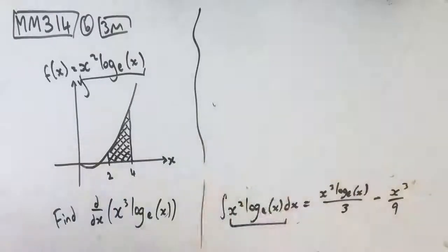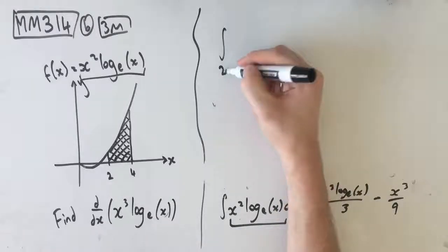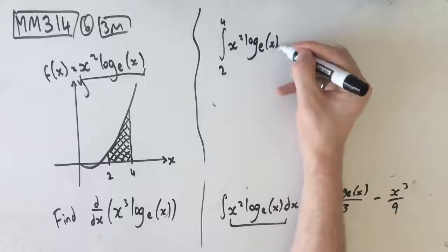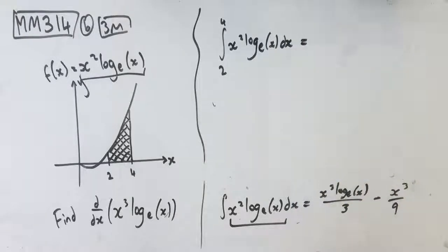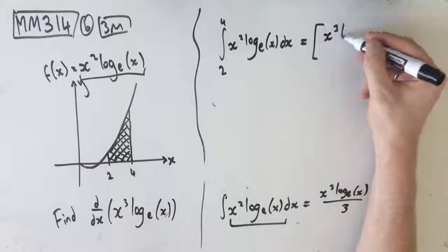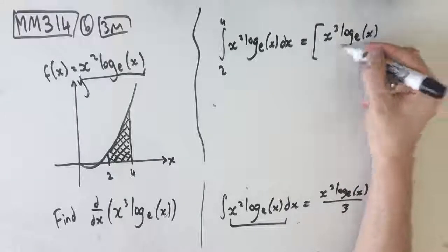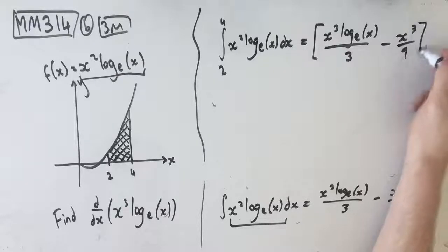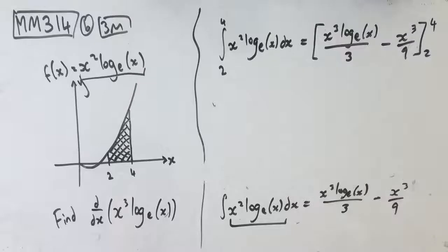Let's have a look. So, we know that this integral is this, which means that the integral from 2 to 4 of x squared log e of x dx is equal to this x cubed log e of x over 3 minus x cubed over 9 from 2 to 4, right?